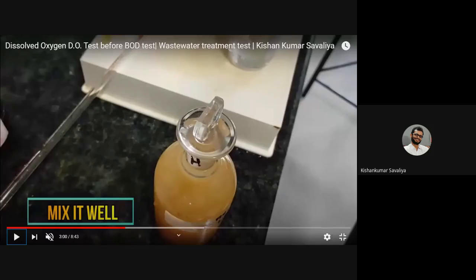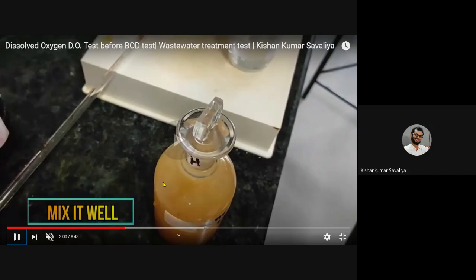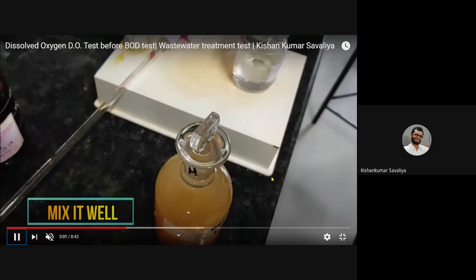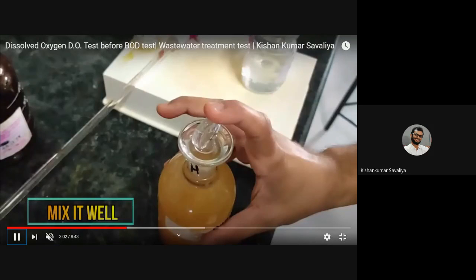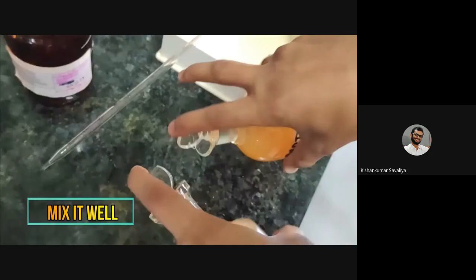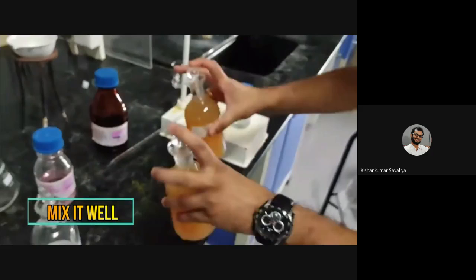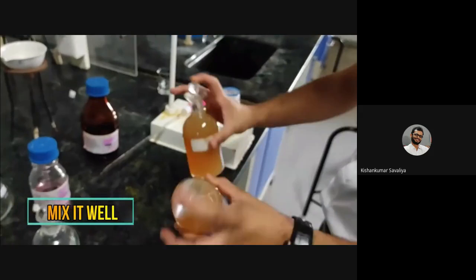So by putting the stopper, you can see the excess water is above the bottle stopper. We will remove that water so that the exact volume of the sample is 300 ml in the BOD bottle. You can see that in the video. This is the excess water. We are removing it and we will mix it very well.